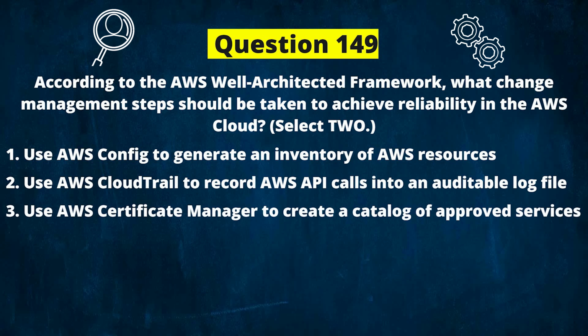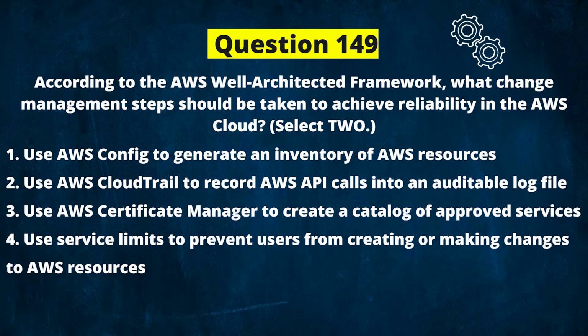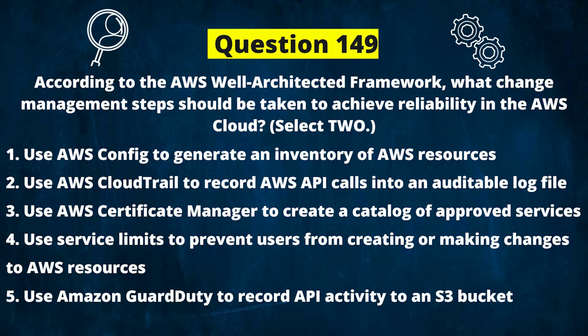Option 3. Use AWS Certificate Manager to create a catalog of approved services. Option 4. Use service limits to prevent users from creating or making changes to AWS resources. Option 5. Use Amazon GuardDuty to record API activity to an S3 bucket.